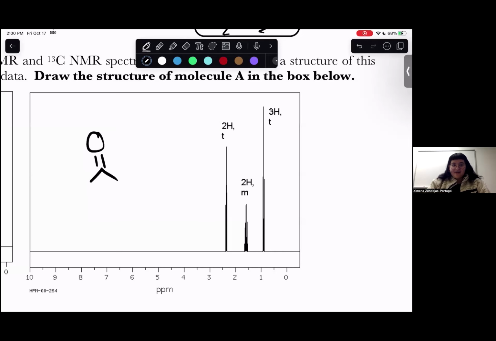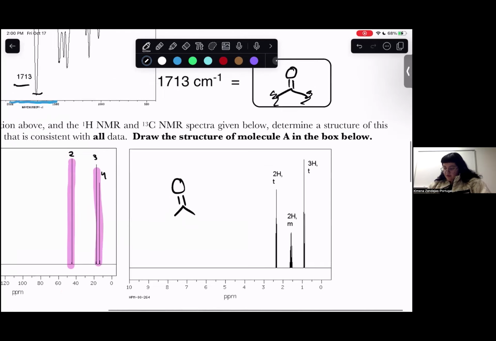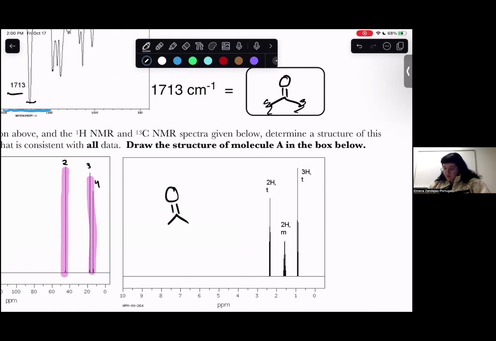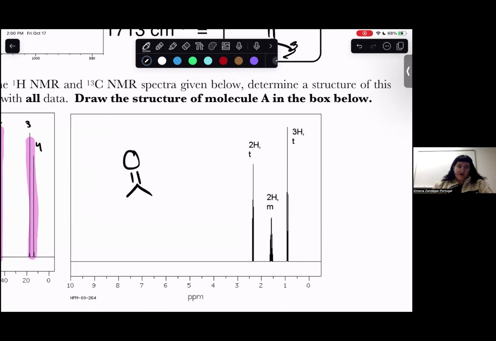Hi, my name is Jimena, and I'm going to be explaining the HNMR and the final structure of our molecule. So as we previously had said in our IR spectra, we have this double bonded oxygen to the rest of our carbon groups. So I'm going to apply that with the aspect of our carbon NMR as well.